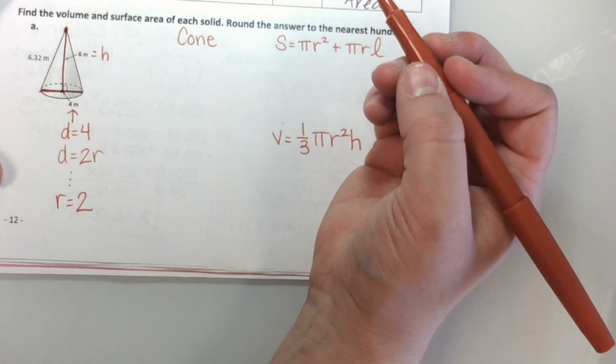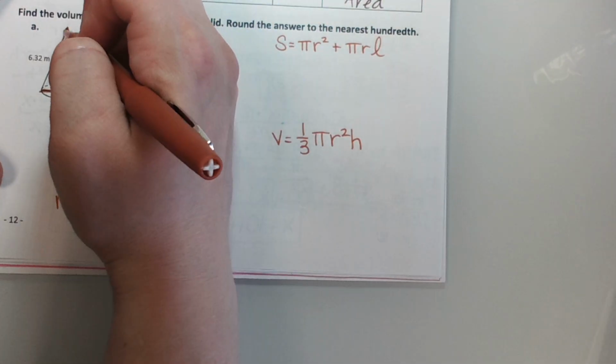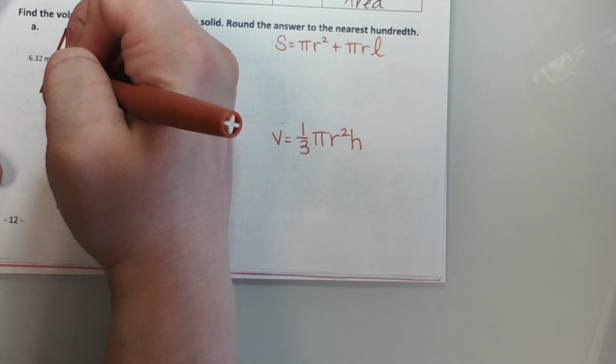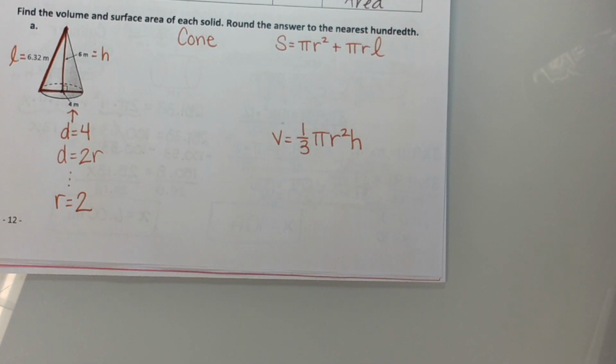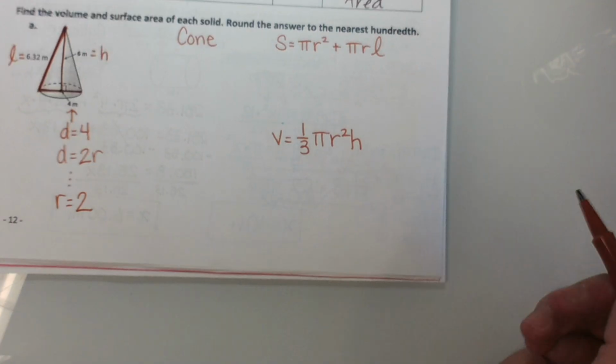Lateral. The slant height. Oh, yeah. This height. I don't know why I keep saying lateral. Probably because it's an L. That actually probably is why it's an L in hindsight. Lateral height. You're probably hitting on exactly why that is.